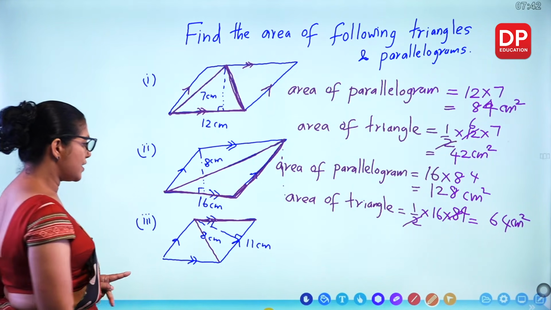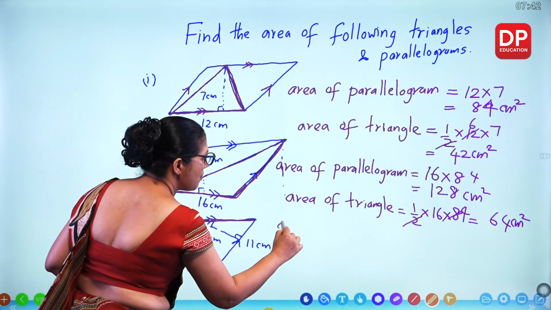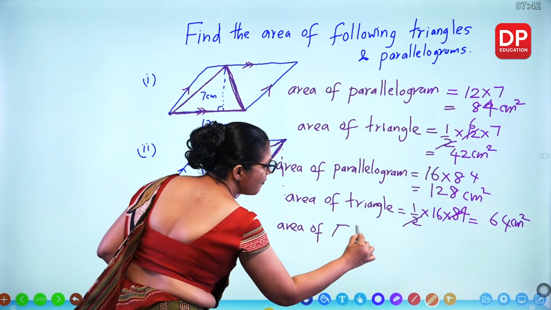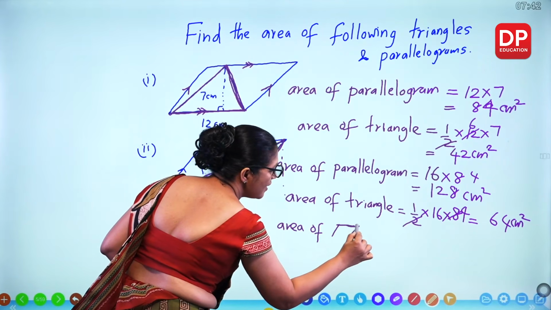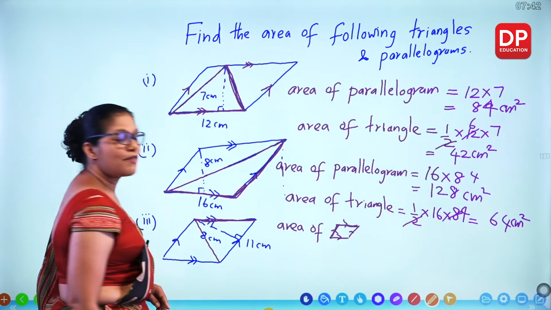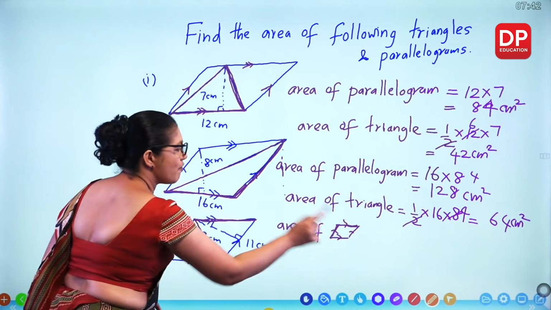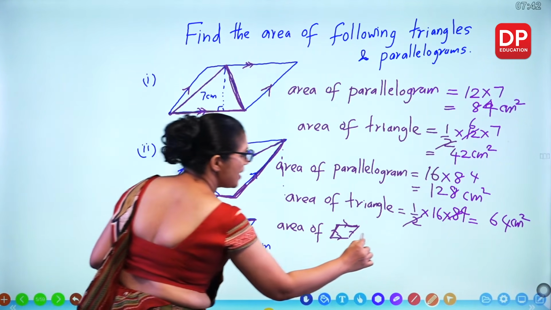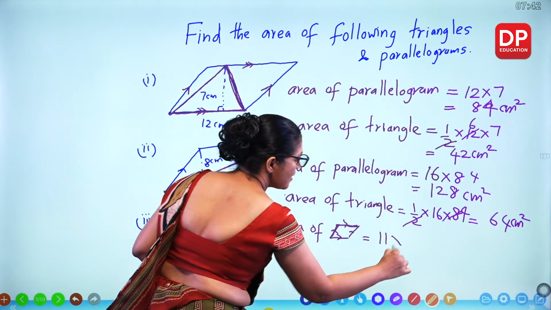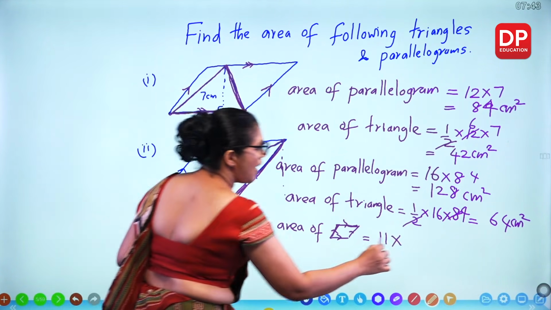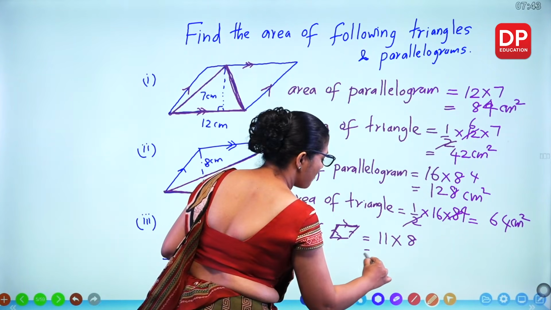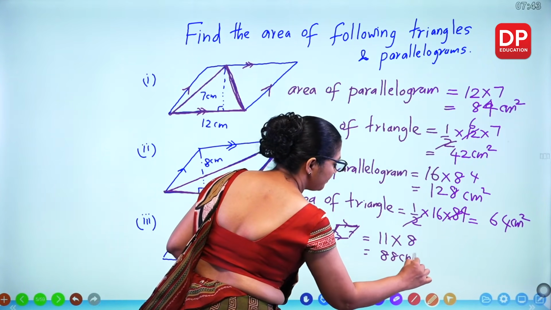So how can I find it? What's the area of the parallelogram? Here, without writing the words area of parallelogram, I'll draw this symbol. It's easy. I can write base is 11 times height is 8. So 11 times 8, I'm getting 88.